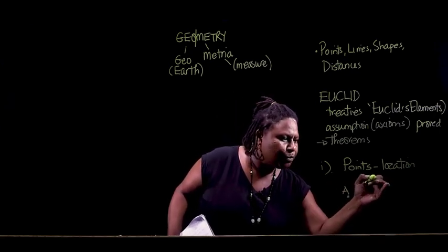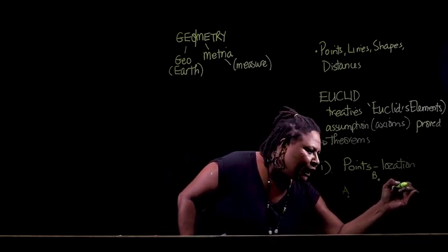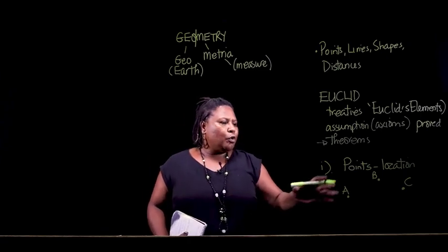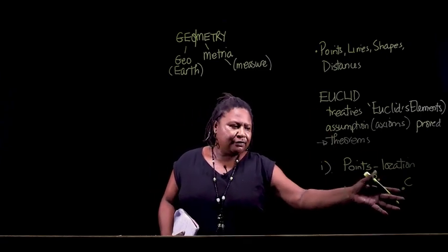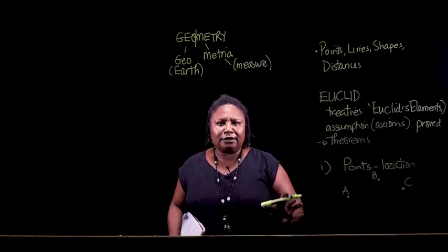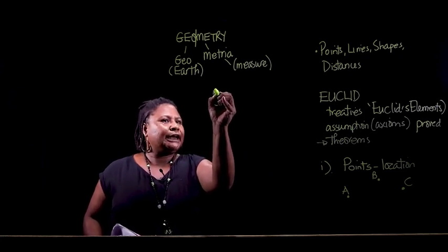Let's say this is point A and B. If I put another point here, I can say that's point C. So points help us give location. Now, let's move on to the next element, which is lines.